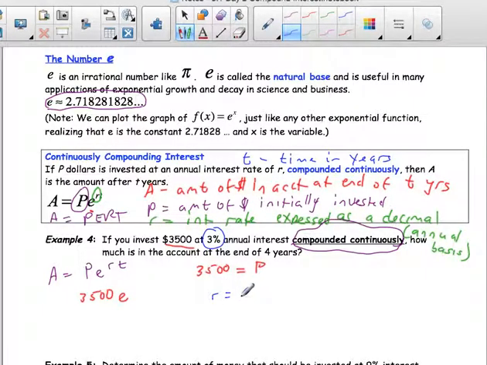So R is equal to 0.03. Because it's an annual interest rate, we want to express it as a decimal. And it says you're going to hold that investment for 4 years. So that means T is equal to 4. So we're going to have 0.03 times 4 in the exponent here. And if we calculate this, we can figure out how much money we'll have in the account.